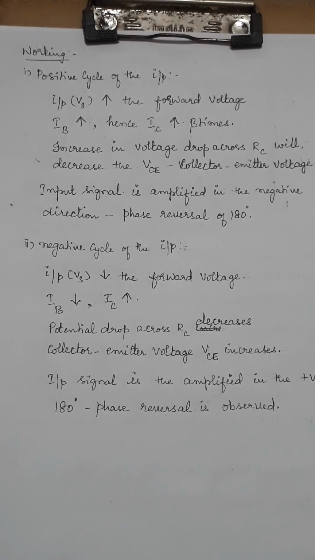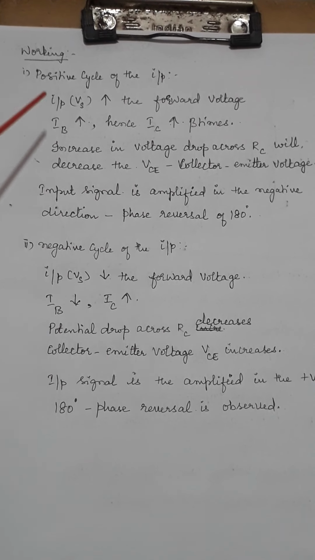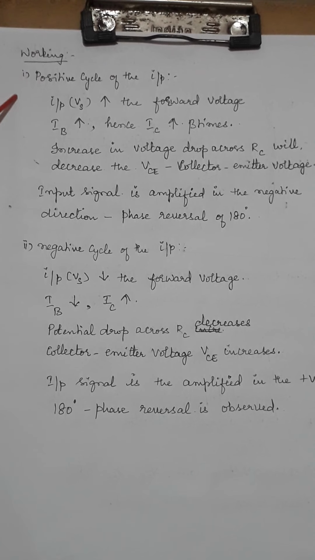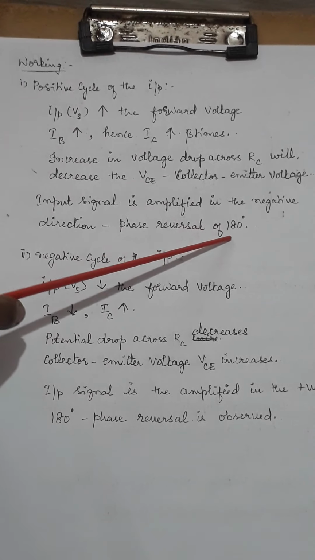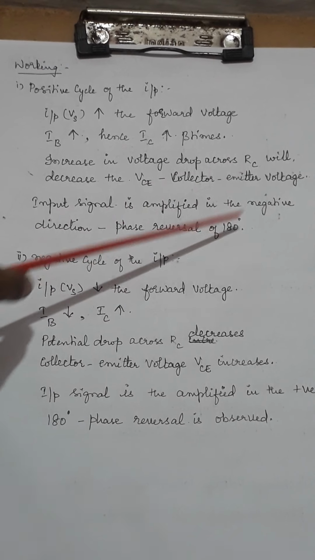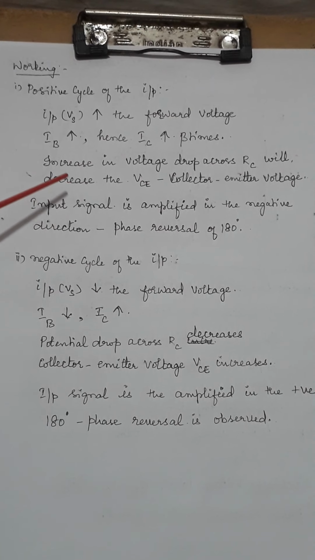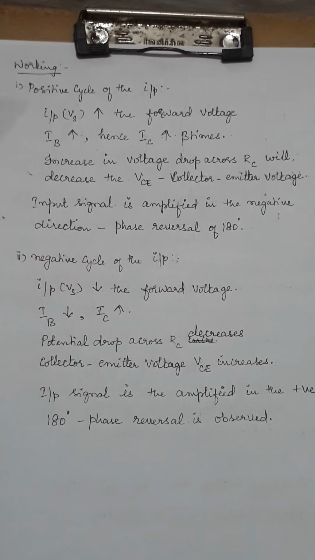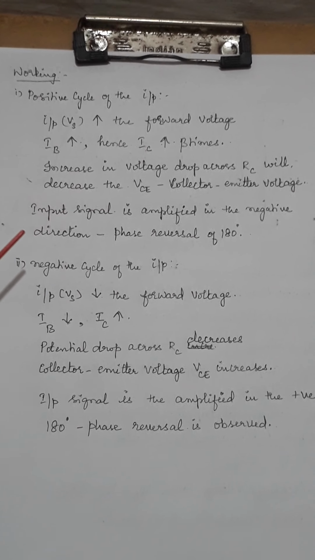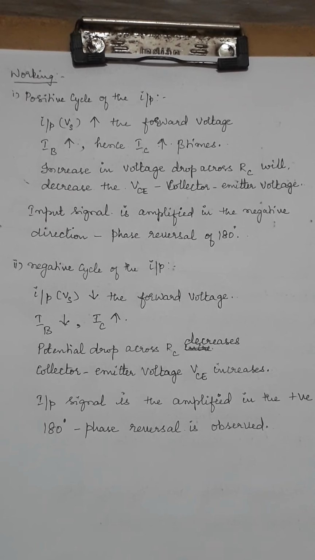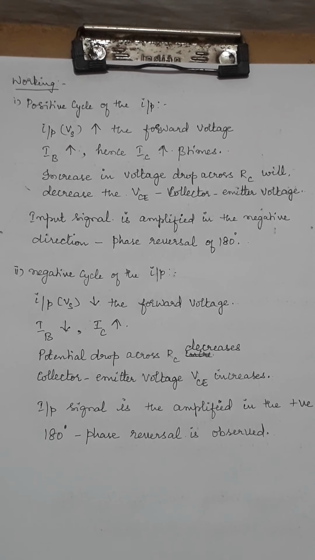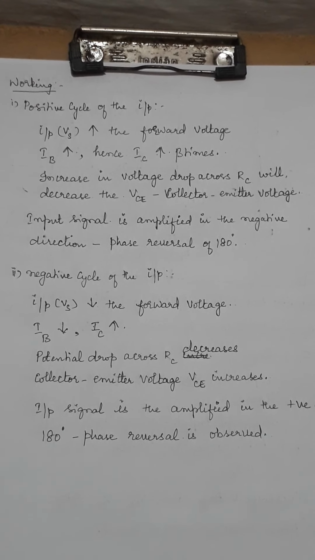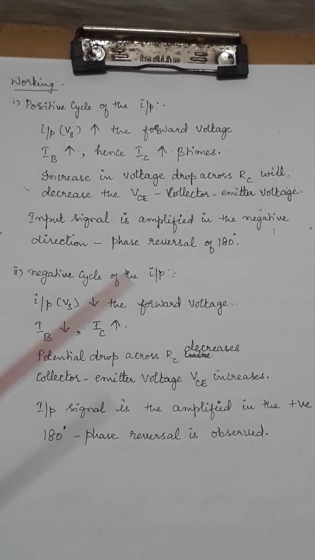What's the meaning of that is, when you have a positive cycle in input, in the output it will have just an opposite direction. 180 is where you will have a negative cycle. So the output will be in the negative cycle. That is why in the diagram, when you have seen the positive cycle in the input, at the same time in the output you will have it in the negative region. Okay.